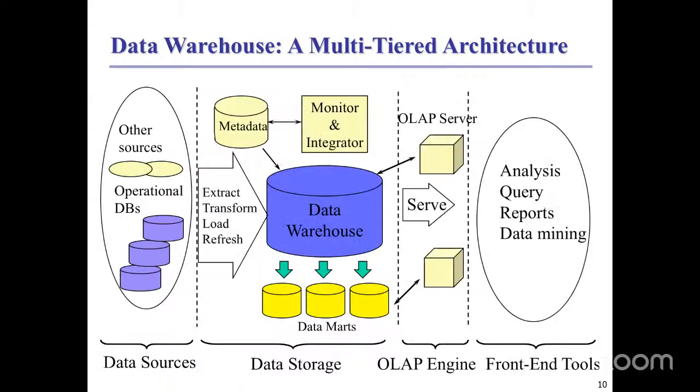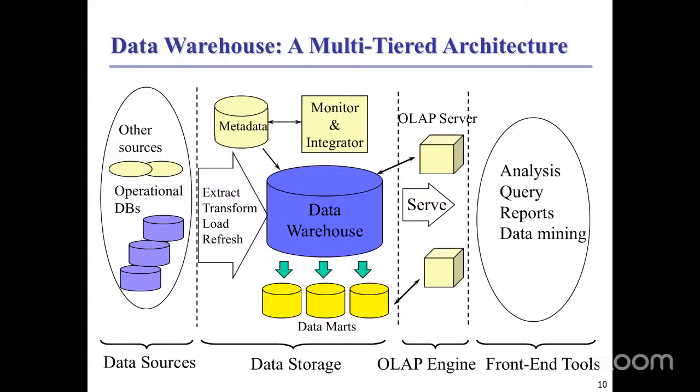Just see the diagram. A data warehouse has a multi-tiered architecture. Here are the other sources and operational databases. From these, we can perform extraction, transformation, loading, and refresh. Here metadata is there, monitor and integration. Metadata is data about data, more detailed information about the existing data.